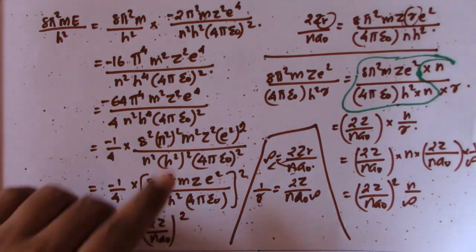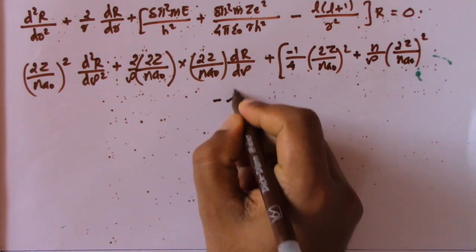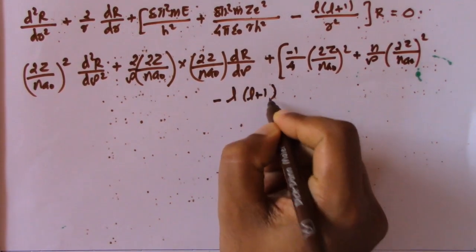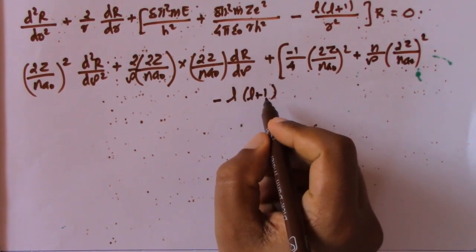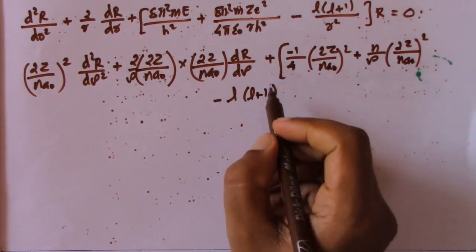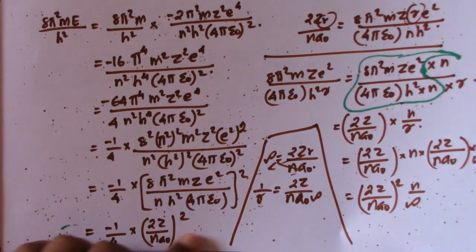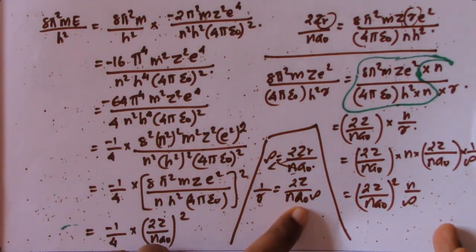Then what is remaining? Minus L into (L plus 1) divided by r². So we have to take L(L+1) into 1/r², and 1/r is equal to (2Z/na₀)ρ.